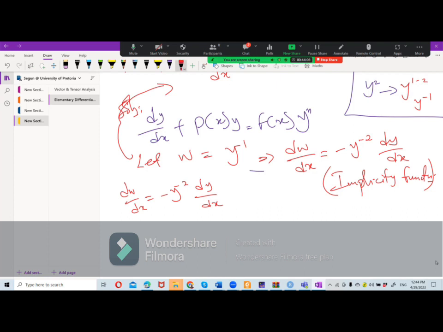Divide both sides by minus y squared. Do you agree with me?